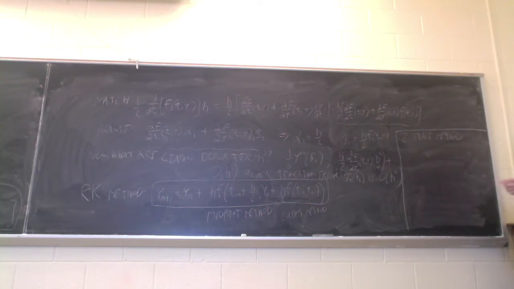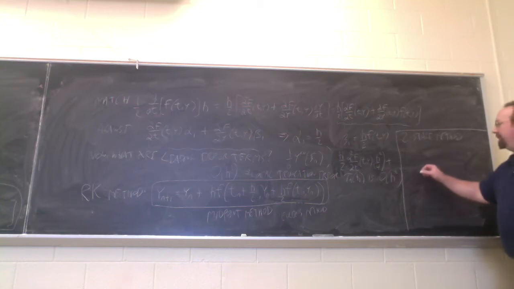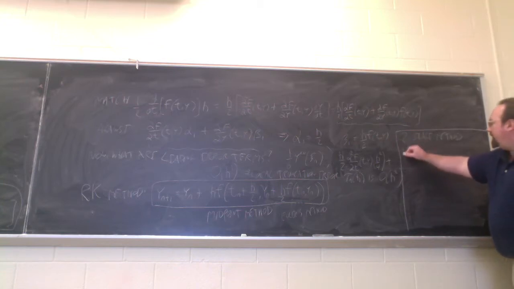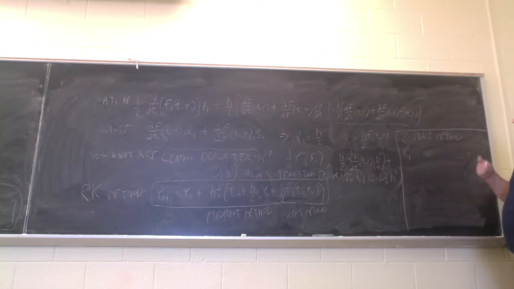And so how you would go about doing this in a way that is conducive to coding is, first, I define an intermediate variable, k1 is h f of t n, y n.